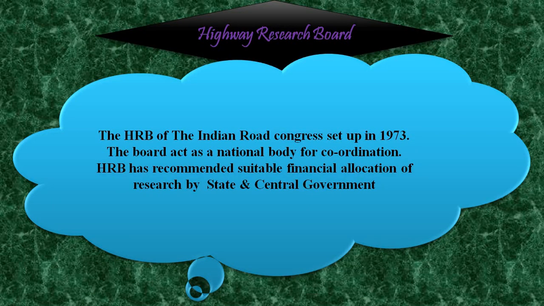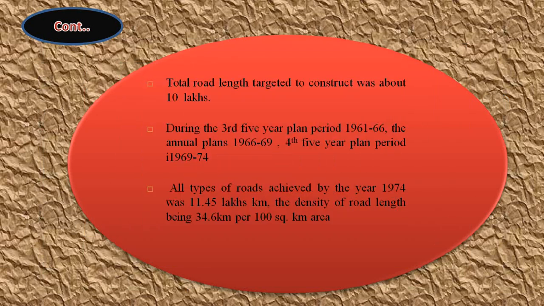The third 20-year road development plan for the period 1981 to 2001 was prepared by a committee of experts and was approved by the Council of the Indian Road Congress, also at the meeting of chief engineers.